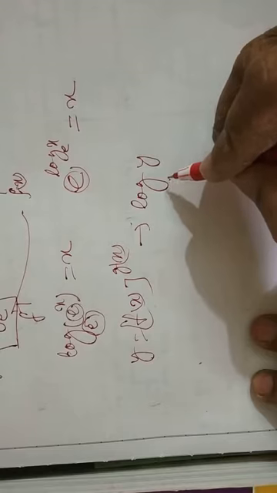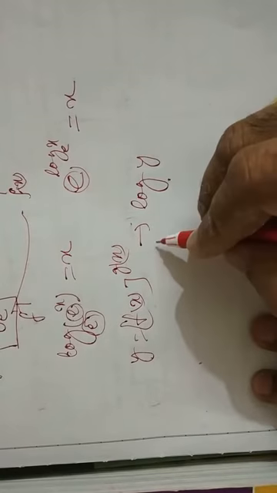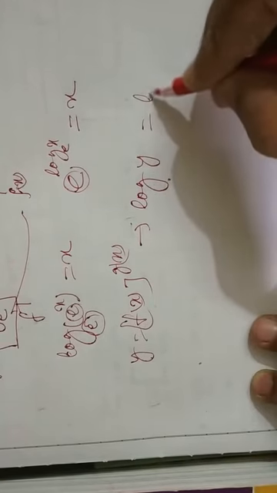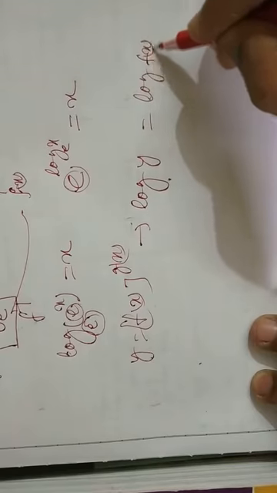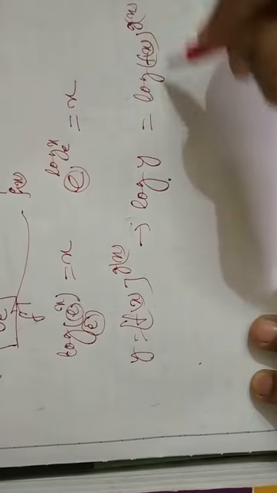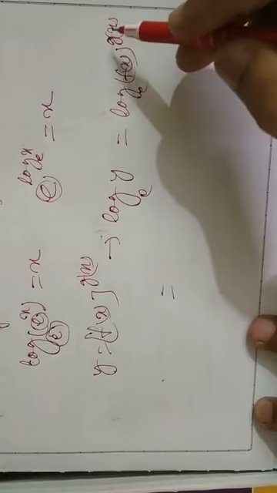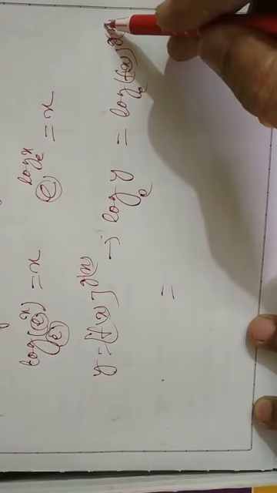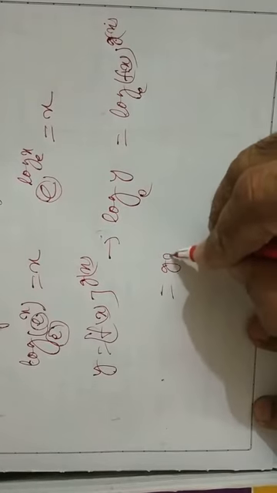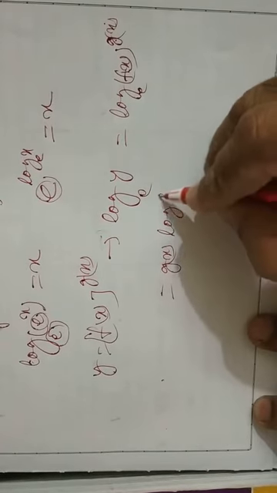Without base means I understand it is e. So log y will become log of f(x) power g(x), or not? This is m to the power n form, n log m. So g(x) log f(x).